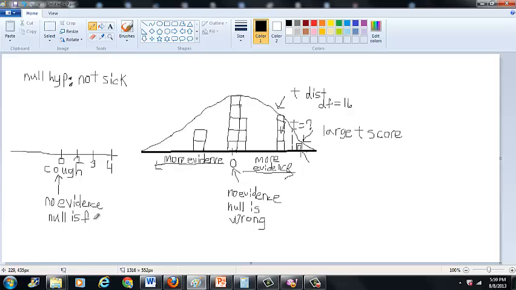And this outcome of 0 coughs is also likely to happen when the null is true. If you're not sick, you're likely to cough 0 times, because why would you cough if you're not sick? So 0 is likely to happen when the null is true, just like how you're likely to get a t-score of 0 when the null of your study is true.